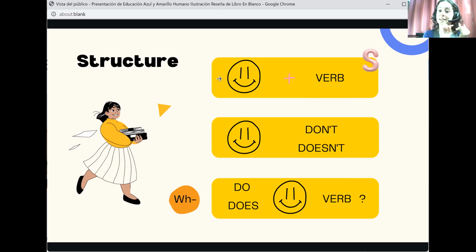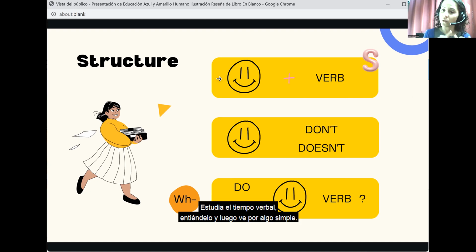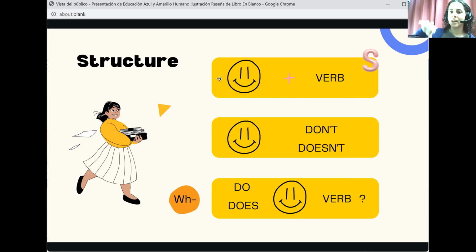Study the verb, understand the use, the verbal tense, understand the structure, and then go for something simple, not abstract, okay? What you need to think is, para hablar de rutinas, hábitos, estados, verbos que no cambian, verbos stative, uso la S. You can simplify it as much as just that.